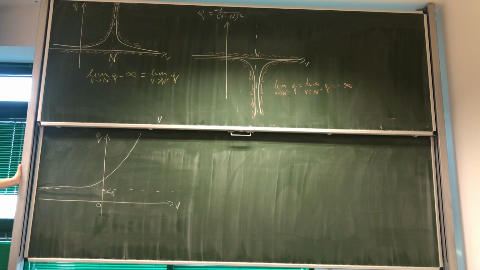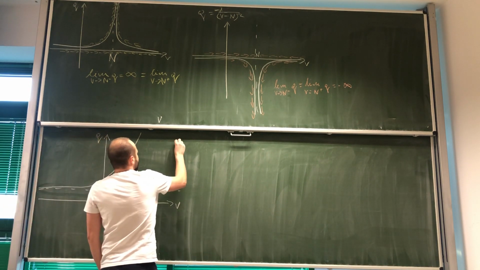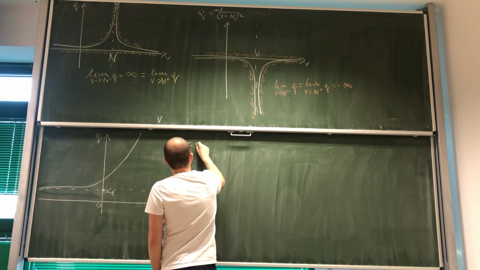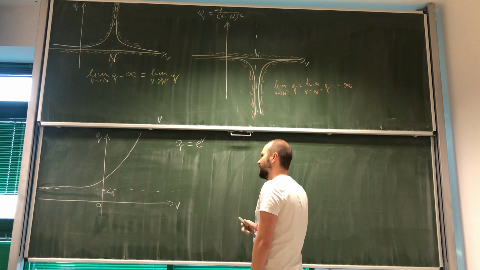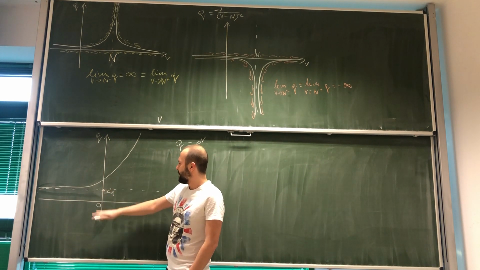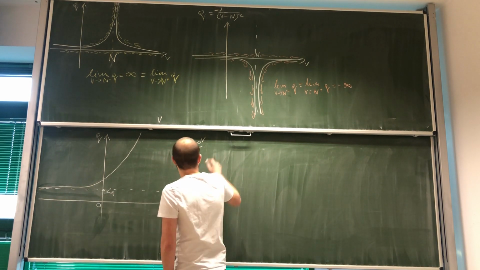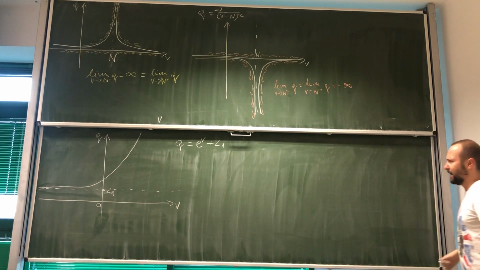And let's just say that in this particular case, this exponential function has the form q equals e to the power of v, but it's not enough, right? Because this function has an asymptote at L1, we can include plus L1. I did it to make things easy.